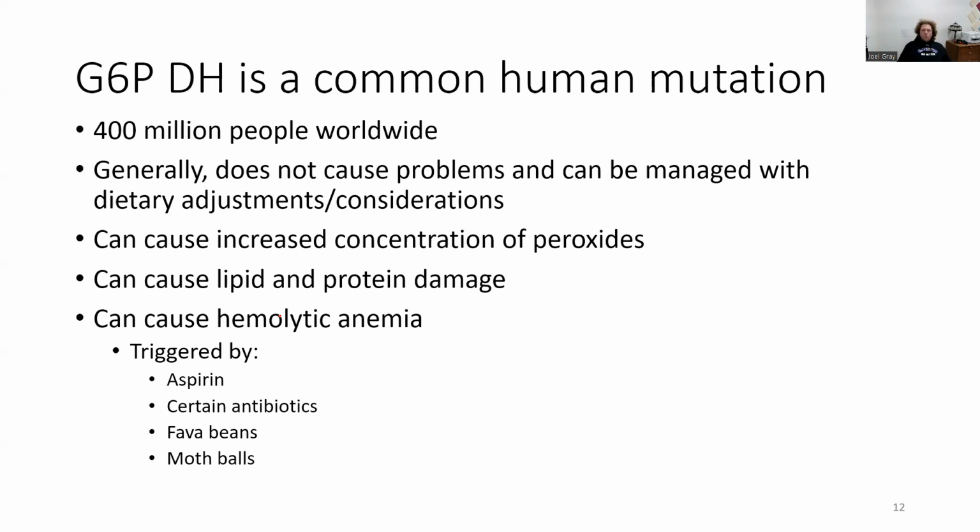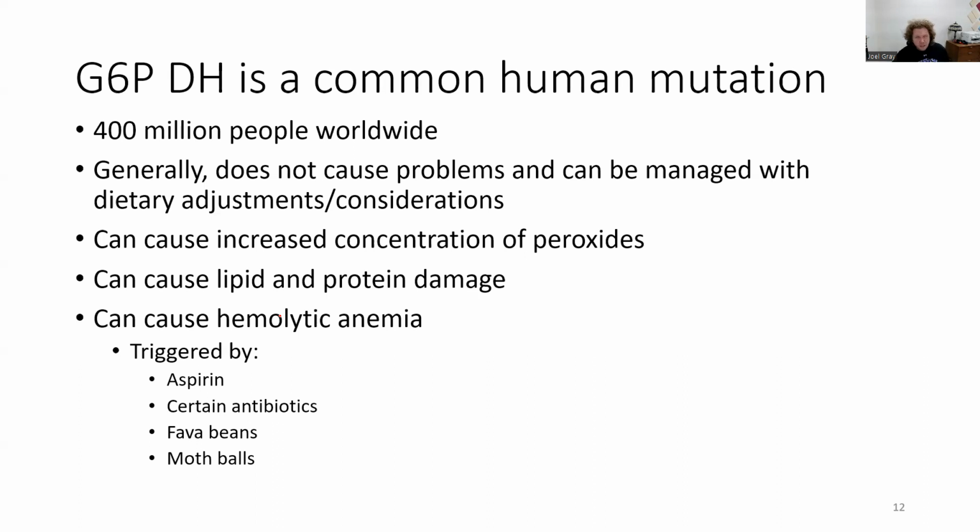What it can lead to, however, is an increased concentration of peroxides, those reactive oxygen species, which can cause lipid and protein damage. So lipid damage, potentially damaging some of your membranes. Protein damage, potentially damaging membrane proteins, but also maybe some cytosolic proteins.